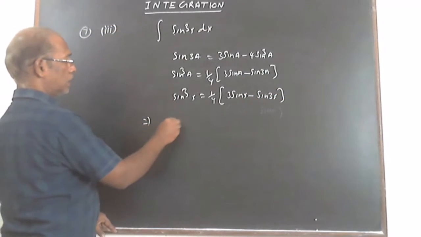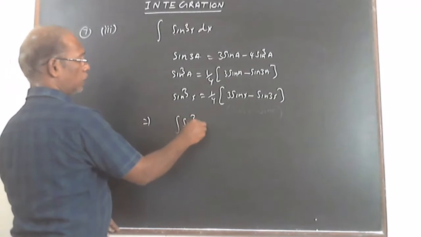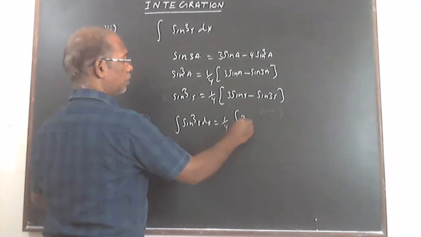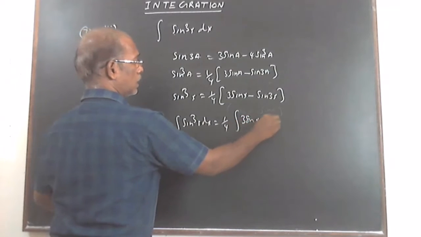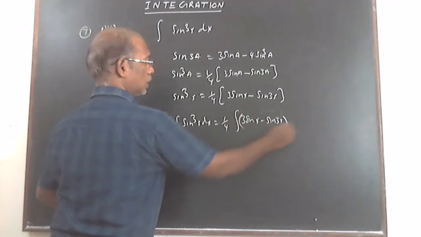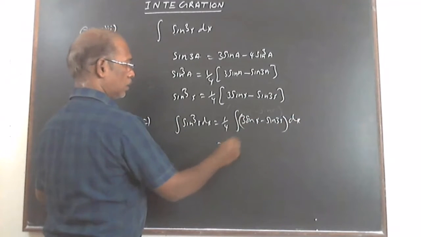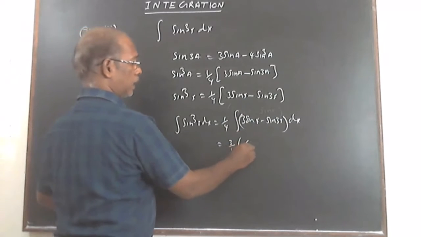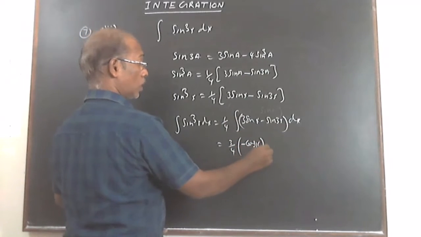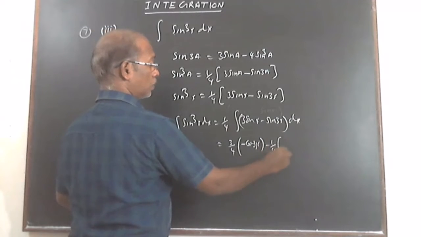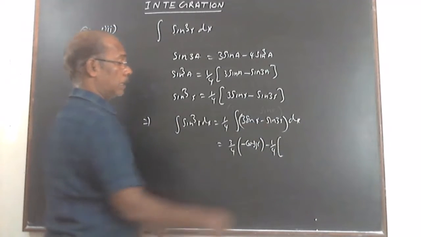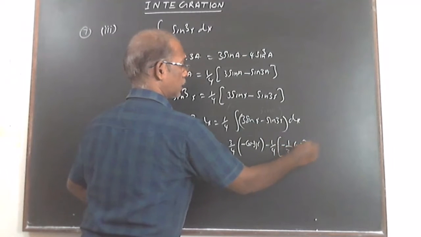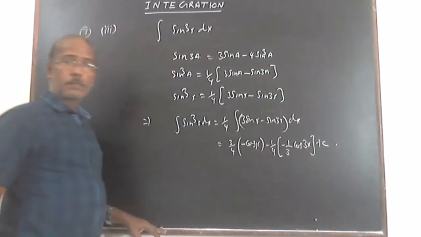Then this implies the integral of sin cube x dx is 1 by 4 integral of (3 sin x minus sin 3x) dx. So 3 by 4 integral of sin x, minus 1 by 4 integral of sin 3x, giving minus cos x and 1 by 3 cos 3x with the integral constant.